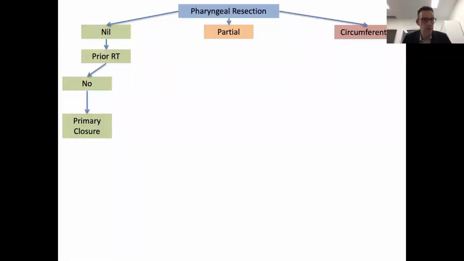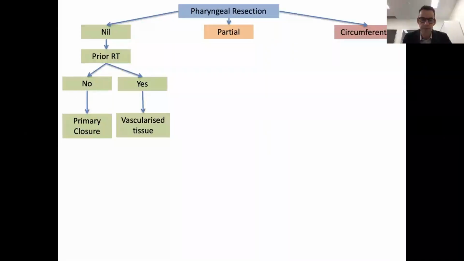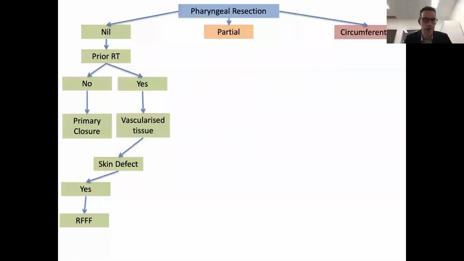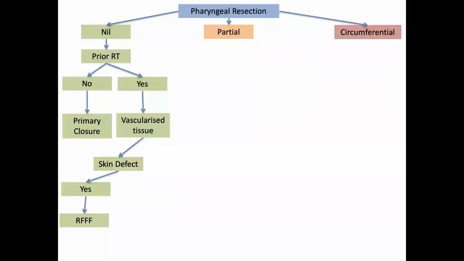If they've not, then we would just go for primary closure with no need for flap augmentation. If they have had radiotherapy, then we would bring in vascularized tissue from elsewhere to cover the pharyngeal closure. And I'll talk about the evidence in a little while. The next consideration is that they have a skin defect. And if they have a skin defect, then we would use a radial forearm free flap, which I'll describe.